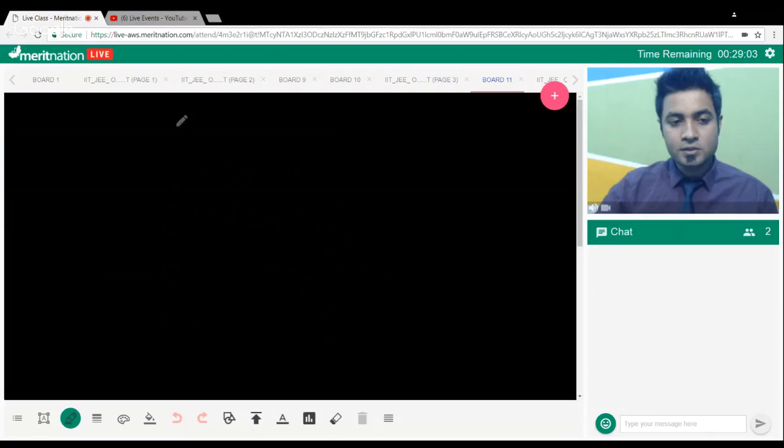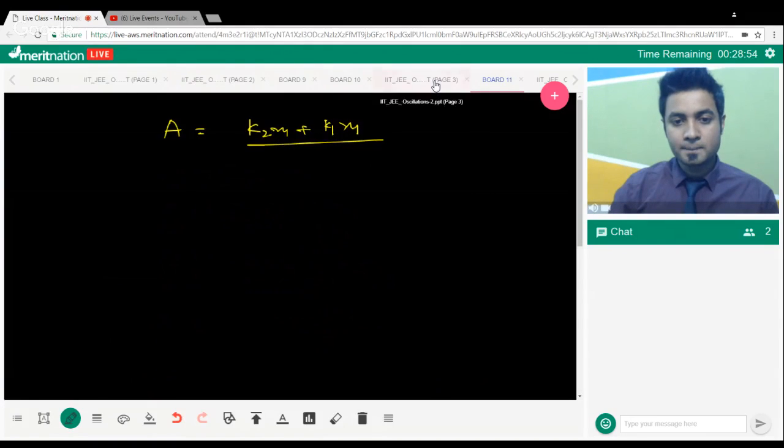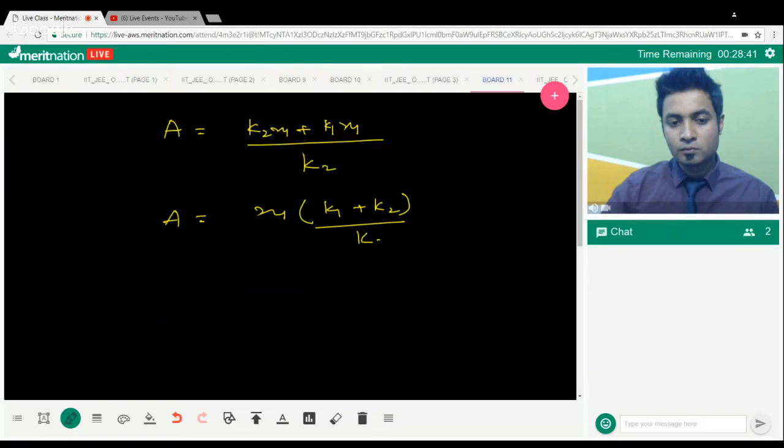A is equal to k2 x1 plus k1 x1 upon k2, right? Here you can take out the common x1. So what you are getting is x1 times k1 plus k2 upon k2.